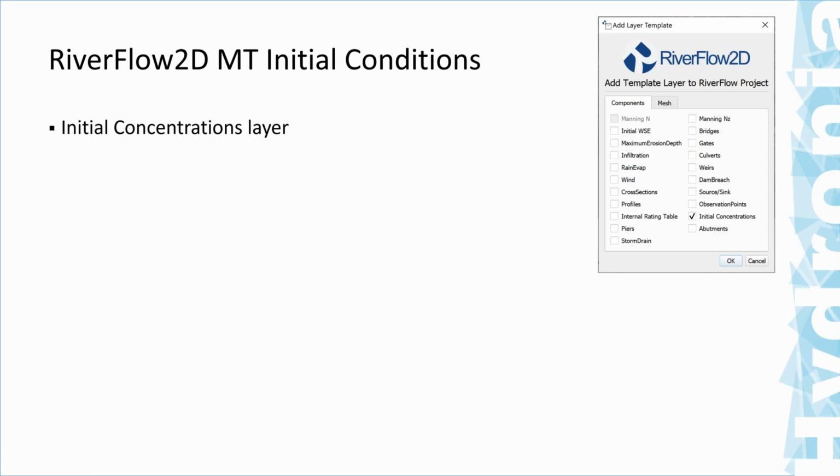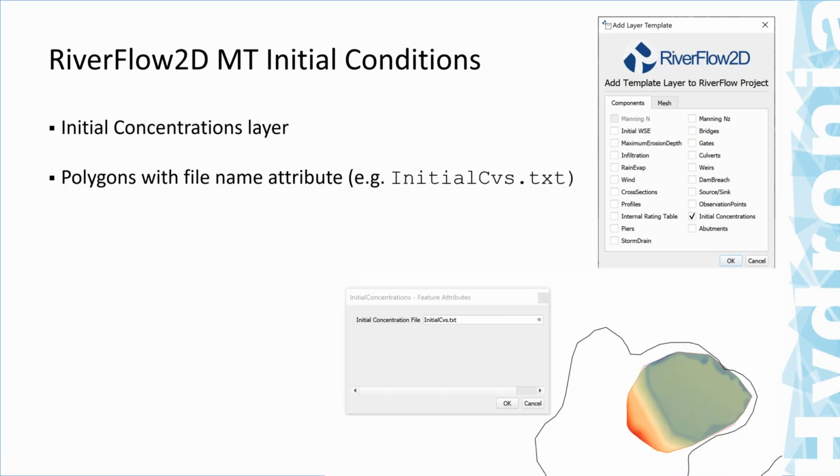So in the variable properties model, you need to give initial concentrations for each of the fractions if you don't want to have that as a constant. So you do that in the initial conditions layer, and the initial conditions layer is very simple. The only thing you need to do, if you have an initial deposit as the one I'm showing here, is create a polygon that covers that deposit and assign an initial condition file.